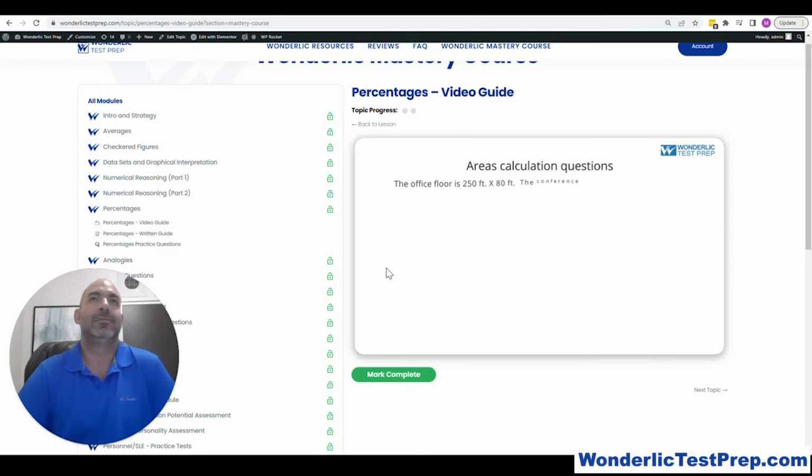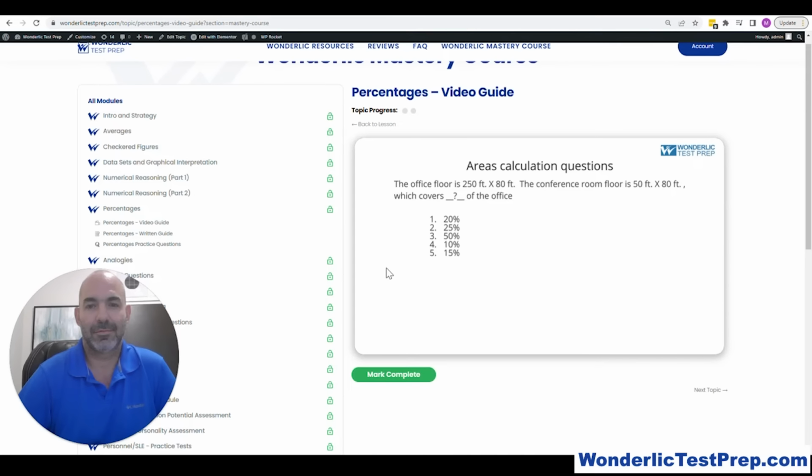The office floor is 250 feet by 80 feet. The conference room floor is 50 feet by 80 feet. Which covers of the office? This question is an easy example to demonstrate why you don't need to calculate the floor area.